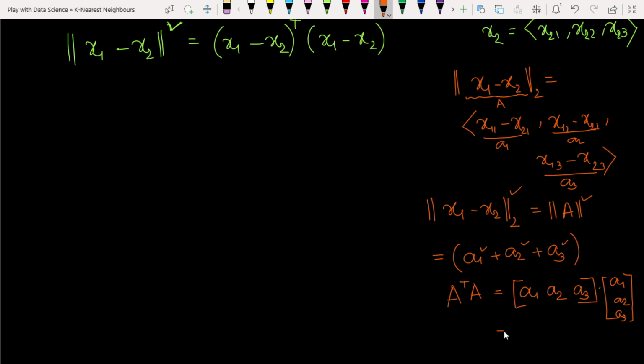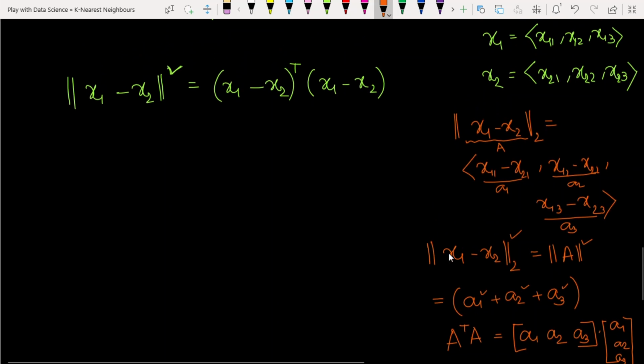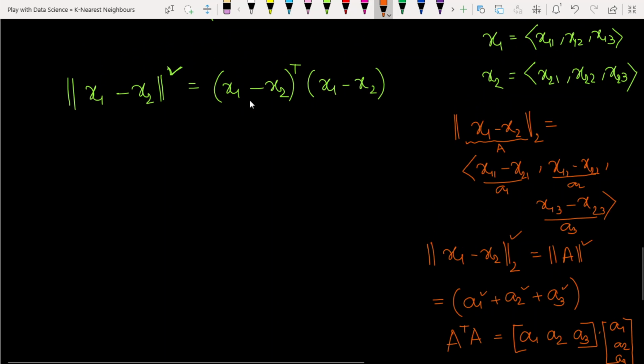If you multiply these two matrices, you get this thing. So this norm square means the transpose multiplication of these two vectors. I think this is clear, and with this understanding I can discuss everything else.